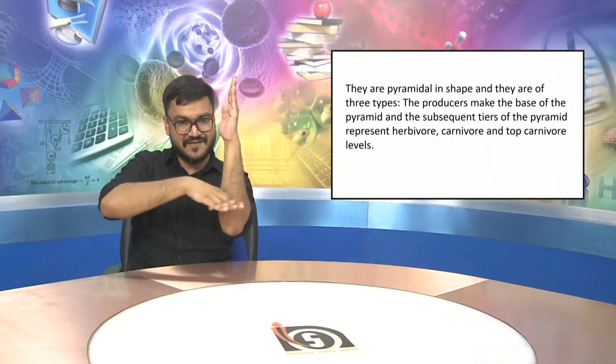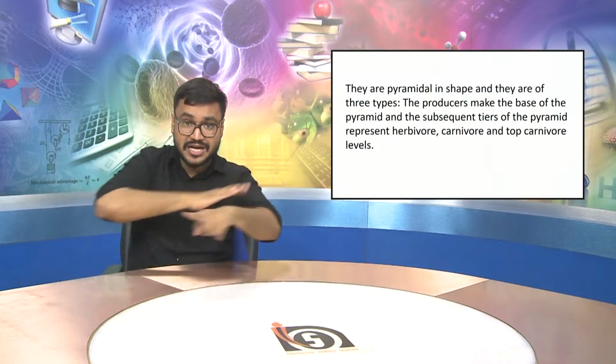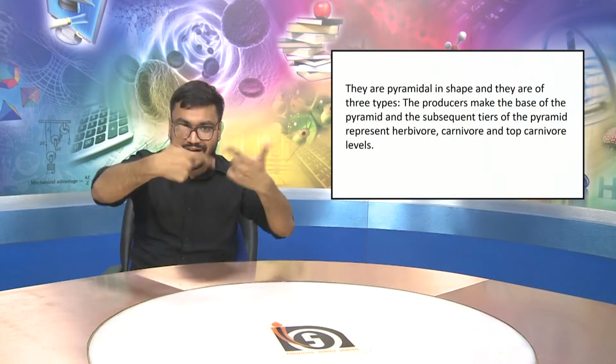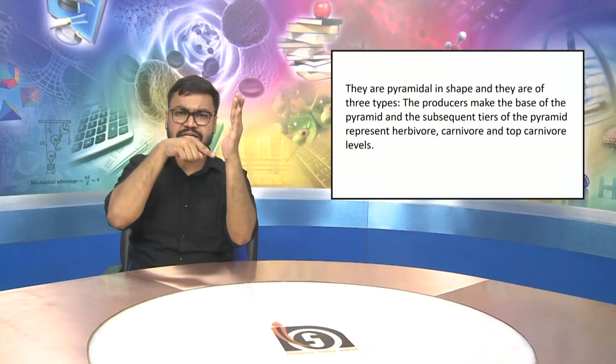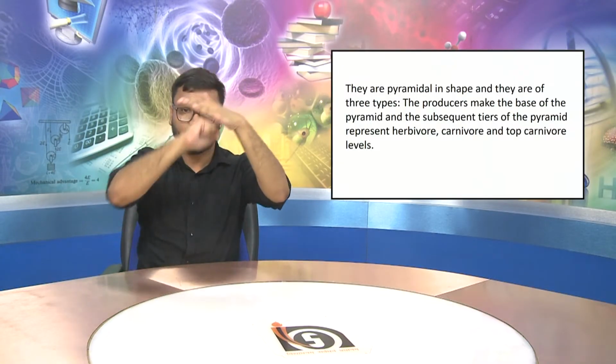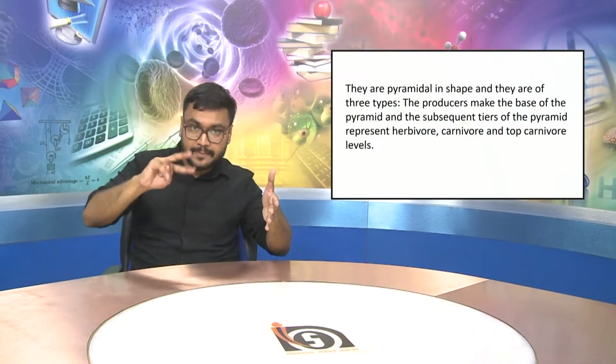They are pyramid in shape and they are of three types. The producers make the base of the pyramid and the subsequent tiers of the pyramid represent herbivore and then carnivore and top carnivore levels.